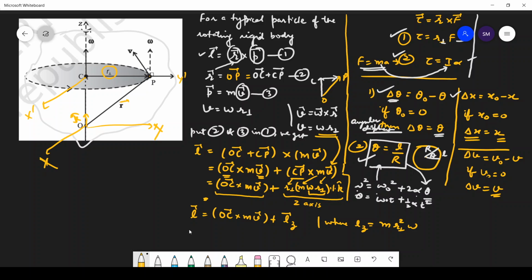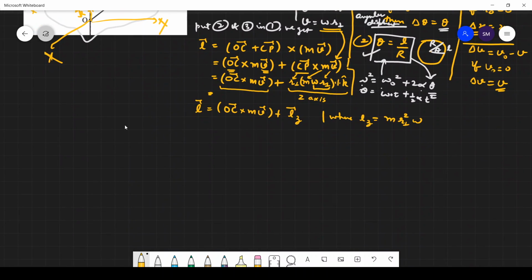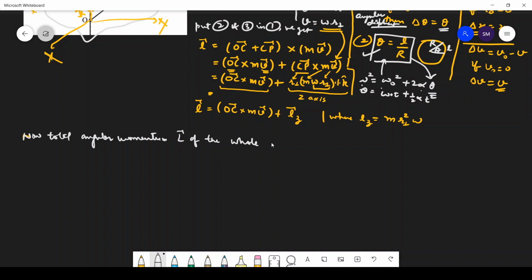Now if you want to find the total angular momentum, capital L, of the whole rigid body, how will you write it?